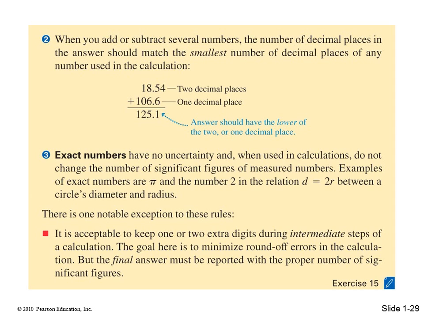And the little red box at the bottom, where it says it's acceptable to keep 1 or 2 extra digits during the intermediate steps of the calculation, I'm not really too concerned about that. There's a setting on your calculator where you can go with a floating decimal point, or you can pick how many decimal places you want.